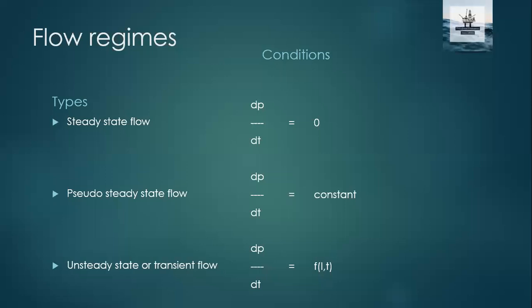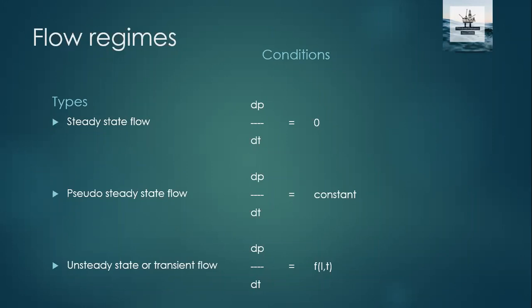Before getting into this more deeply, I would like to tell you how it is chronologically arranged. First, we have to identify whether the expected flow will be steady, pseudo steady, or unsteady. First of all, we drill a well and then perforate it so that fluid will start to flow into the well from the reservoir.